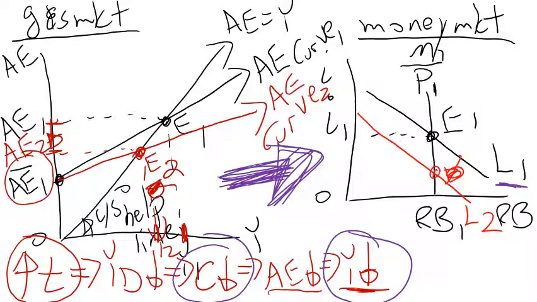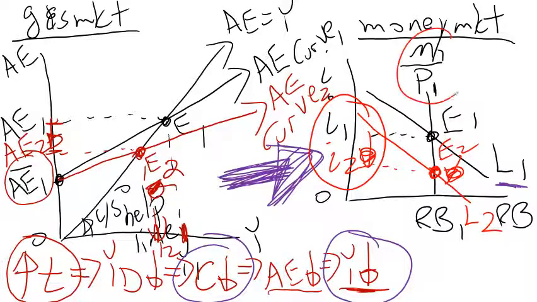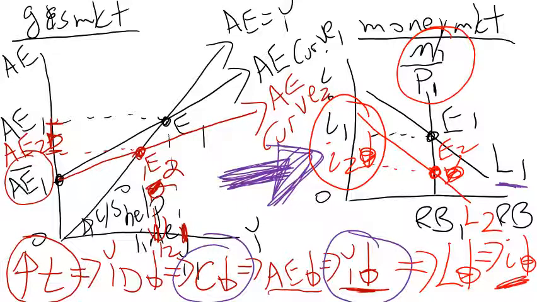So we have a new equilibrium, E2, and a lower interest rate. Money supply, remember, has not changed. So this decrease in GDP would lower money demand, and in turn that would lower the interest rate.